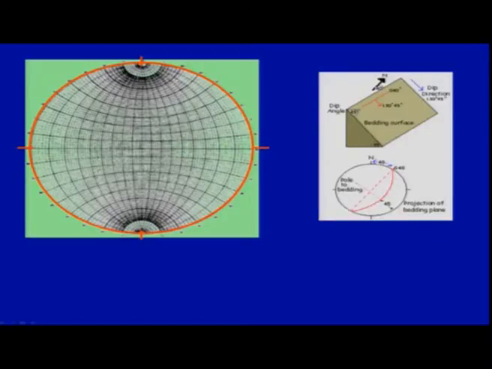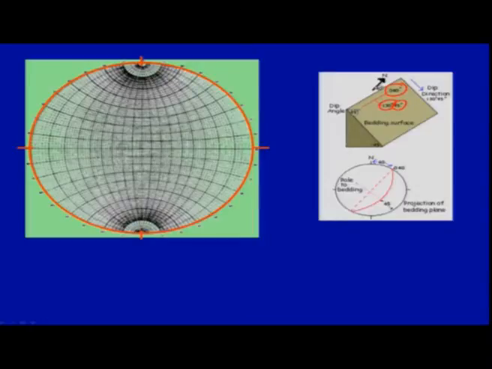For example, the strike is 40 degrees, the amount of dip is 45 degrees, and the dip direction is 130 with respect to north. And we have this 140 degrees.